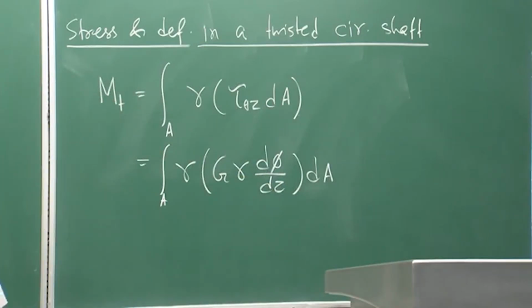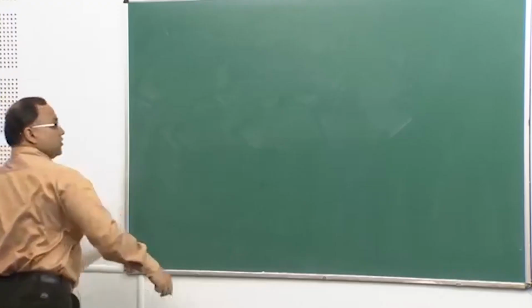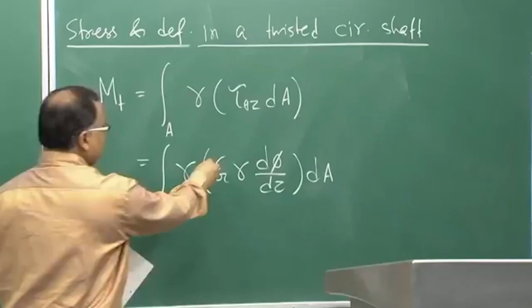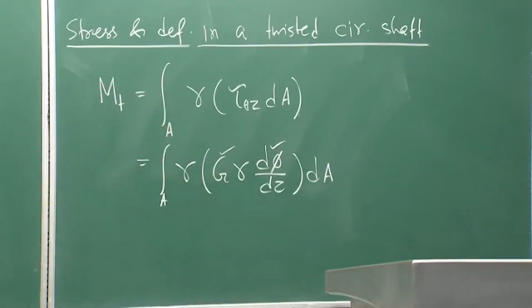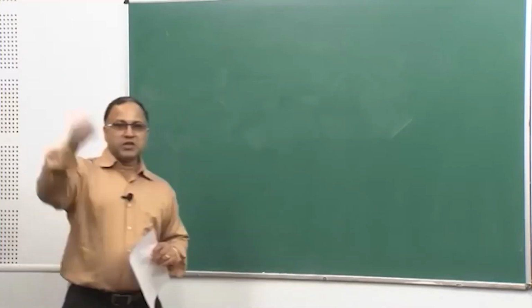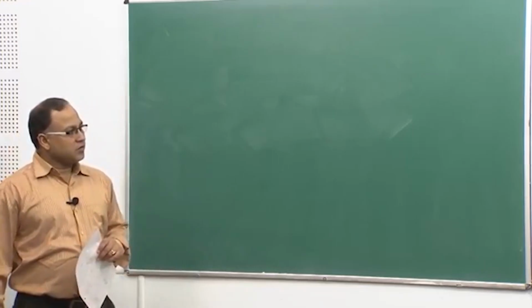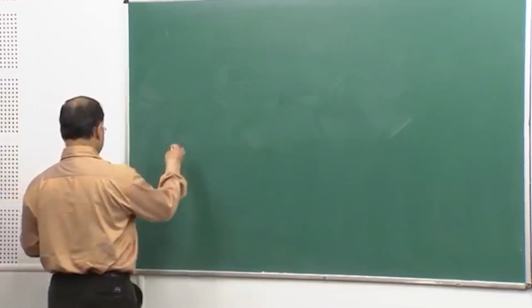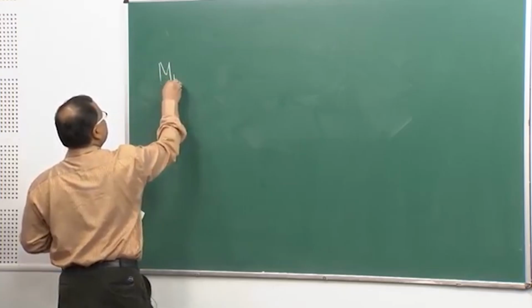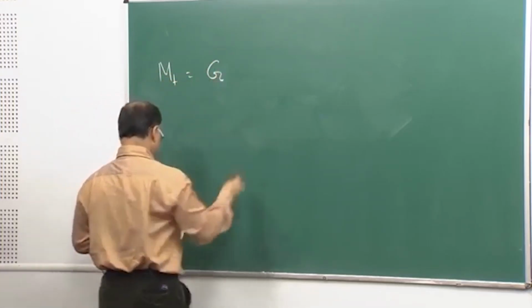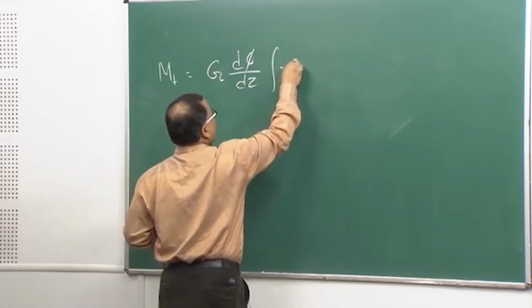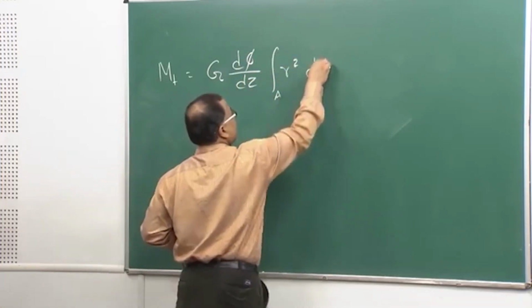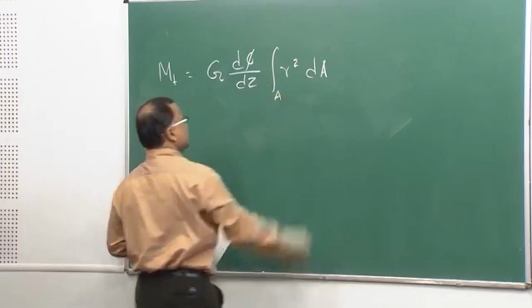Because G is constant, and the rate of twist, or the twist per unit length, d phi dz, is also constant, we can simply write Mt equal to G d phi dz times the integral of r square dA over the whole area.